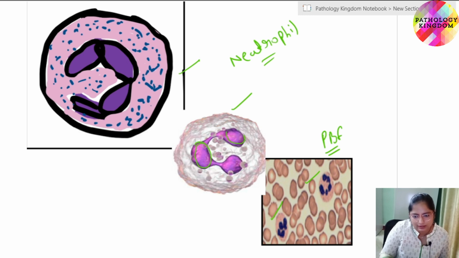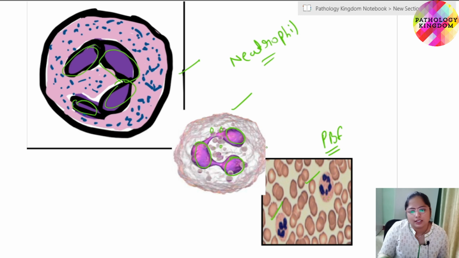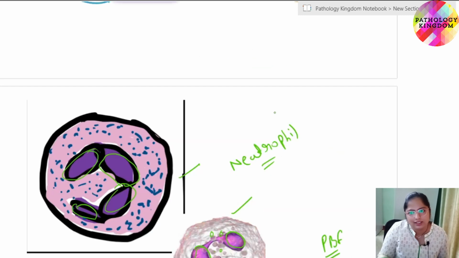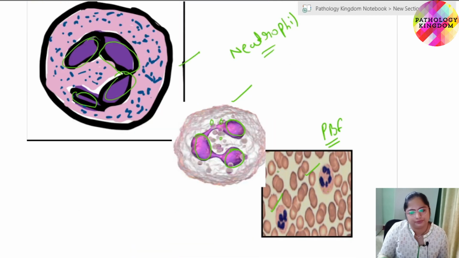These are the multiple lobes, and it is dark purple in color, and these are the granules, as you can see here. Neutrophil will have fine and violet pink granules.